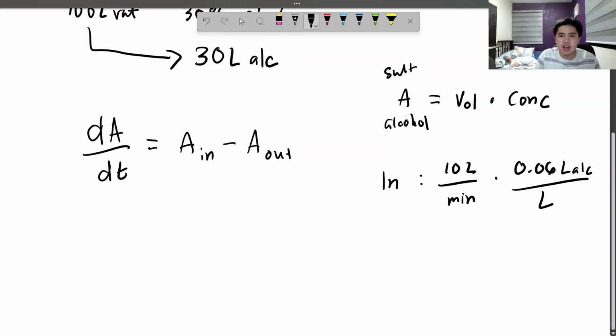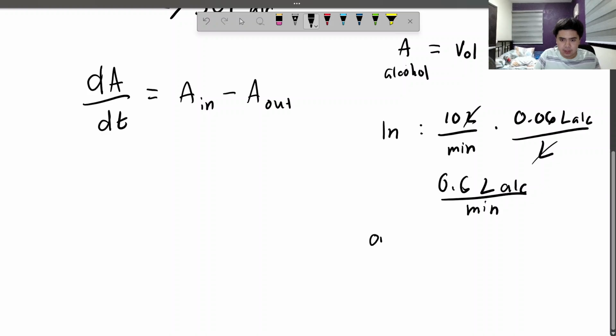And we can use dimensional analysis to essentially cancel out the liters. We get 0.6. 10 times 0.06 is 0.6. I checked. Liters alcohol per minute. So that's the rate of alcohol going in.